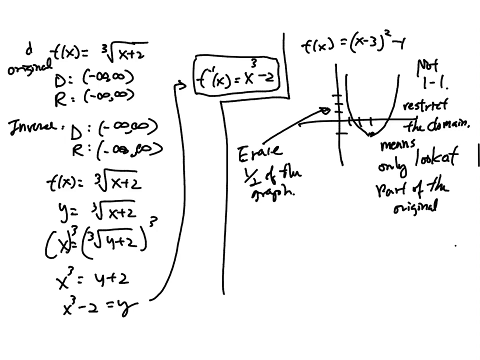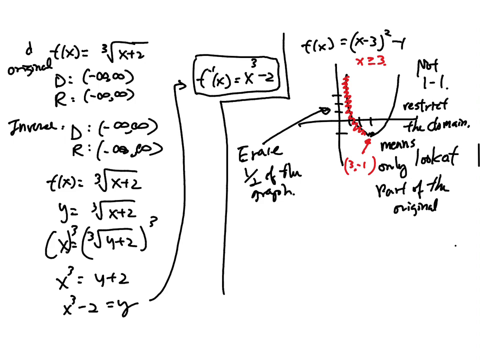So in this case, we're going to erase this half right here. So which means we're only looking at the graph where x is greater than or equal to 3. Because this point here is 3, negative 1. Okay.